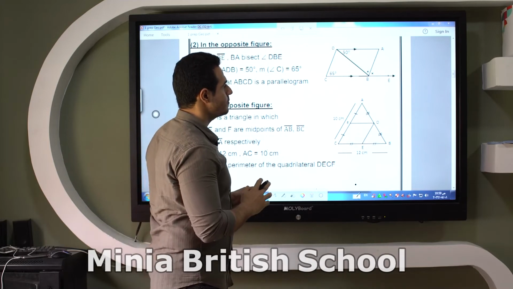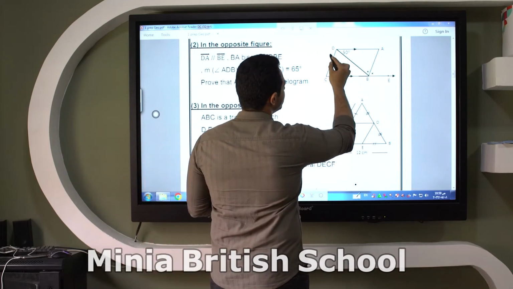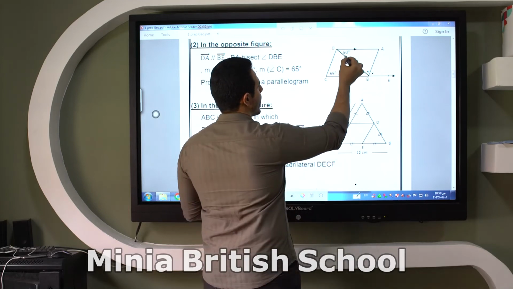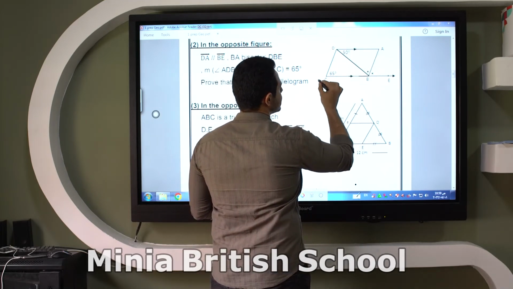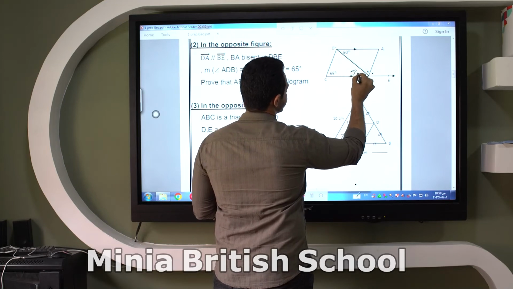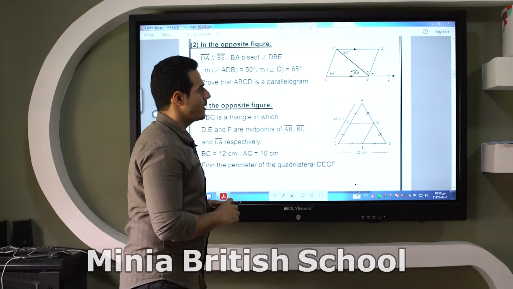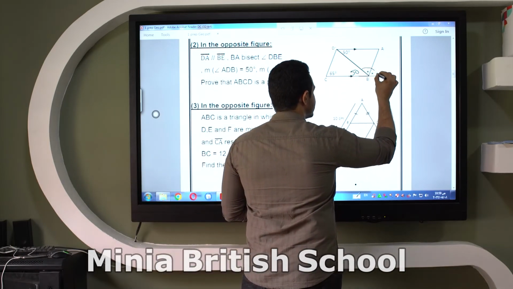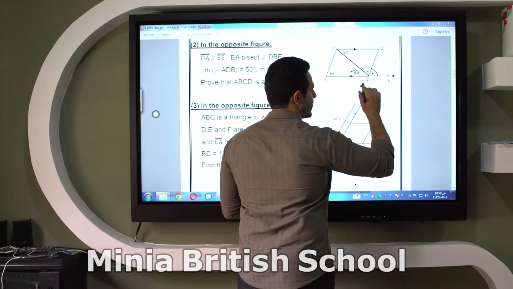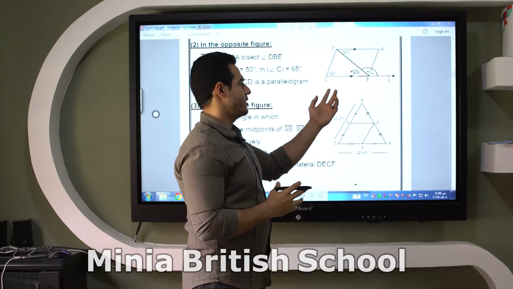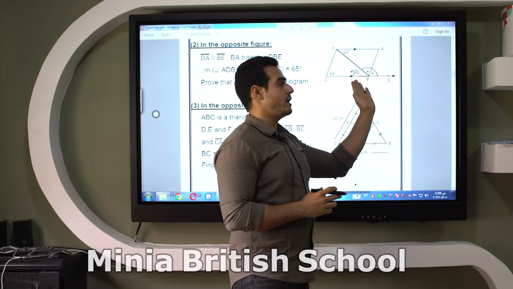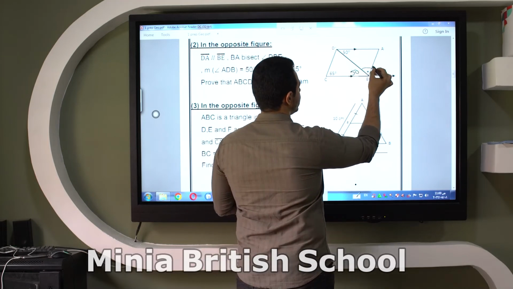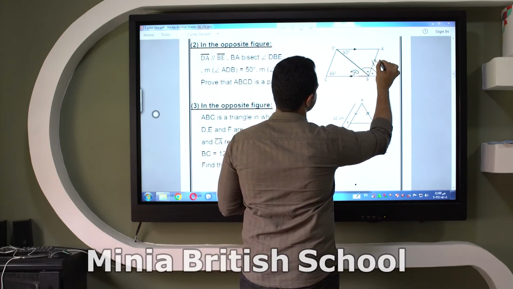First, we have two parallel lines and DB is a transversal for them. So angle ADB equals angle CBD, they are two alternate angles. This angle equals 50, so I can find this angle. All of this is a straight line, so the sum of the angles on it equals 180. If this angle is 50, then this whole will be 130.